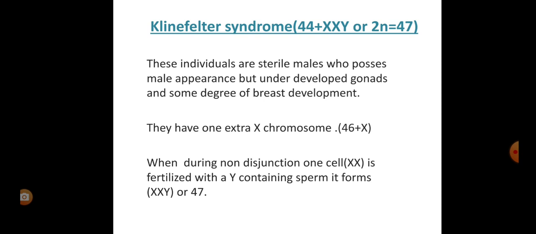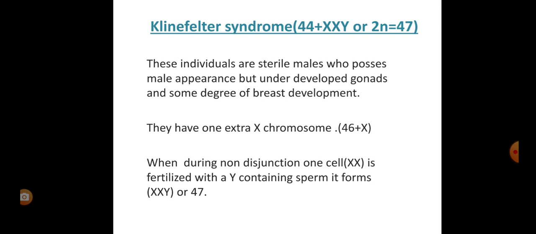These individuals have a male appearance, but the gonads are not properly developed. And in some cases there is breast development in these individuals. They have one extra X chromosome, that means a total of 46 chromosomes plus one more extra X chromosome.